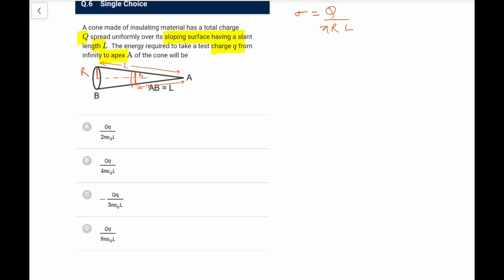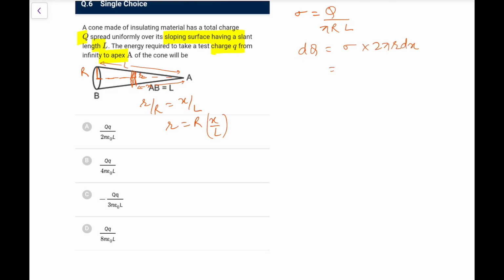So from similar triangles, first of all, I can simply say r upon capital R would be equal to x by L. So small r is R into x by L, that is what I can say. Now take this small section, what would be the charge on it? First of all, charge would be sigma into the area it will have, the thin ring, 2 pi r dx.